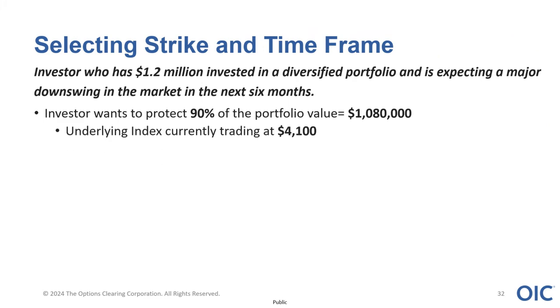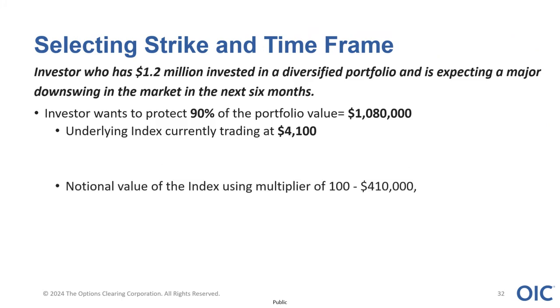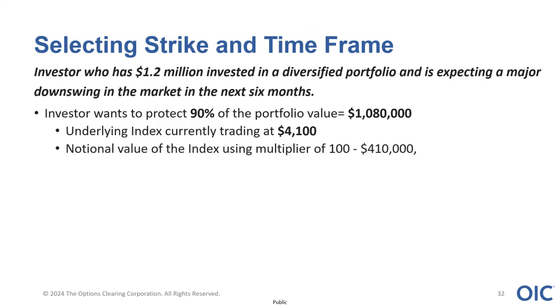And then let's also pretend the underlying index is trading 4,100. So doing the notional calc on the actual index, use the multiplier of 100, and you get a notional value for that index of $410,000. That's how much the notional value of the index is worth for 1 month.